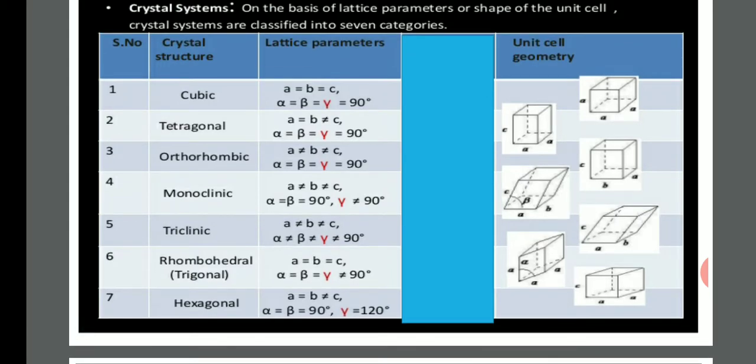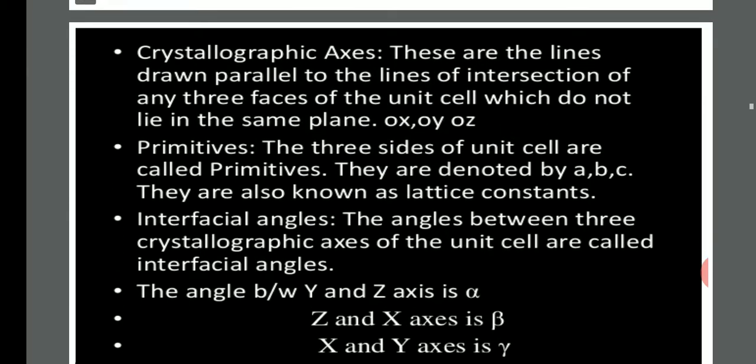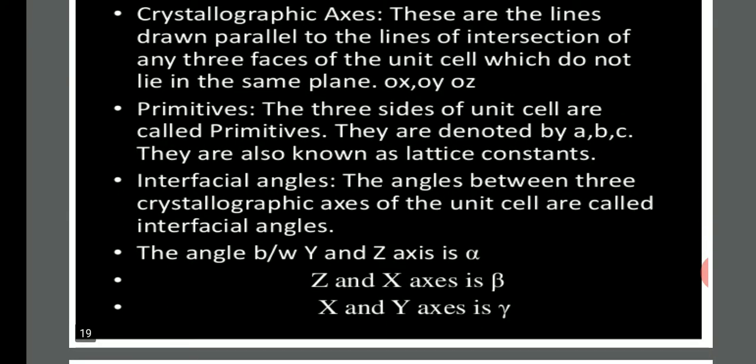Hexagonal, A equal to B not equal to C and alpha equal to beta equal to 90 degrees and gamma equal to 120 degrees.